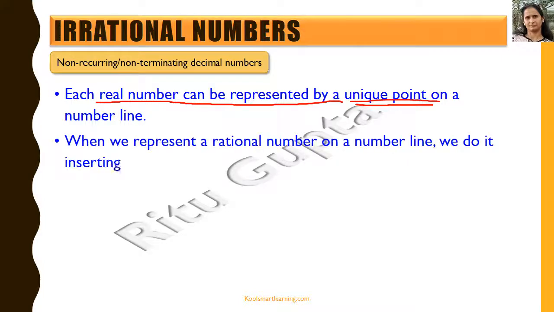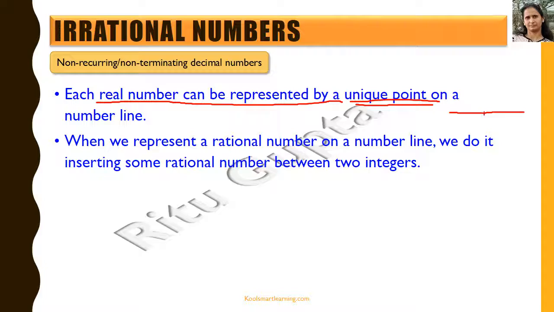When we represent a rational number on a number line, we do it by inserting some rational numbers between two integers. Supposing we make this number line, so we have a 0 here and we have 1, 2, 3 and so on, and on the other side we have -1, -2 and so on.